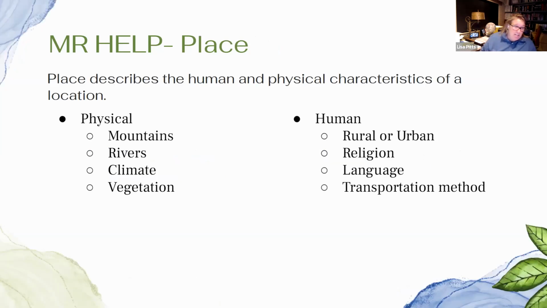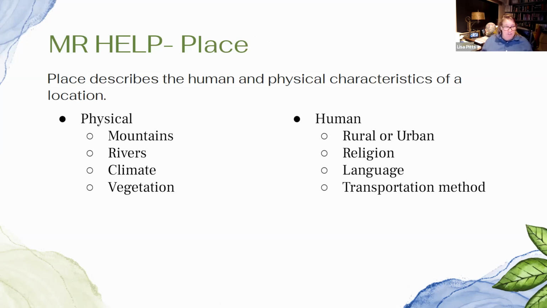And then there's place, and the reason why a lot of times students and others get place and location mixed up is because you don't go, hey, what's your location, when you want to go visit a friend. You go, hey, let's meet at your place, right? But place in geographic terms is the physical and human characteristics of the location.